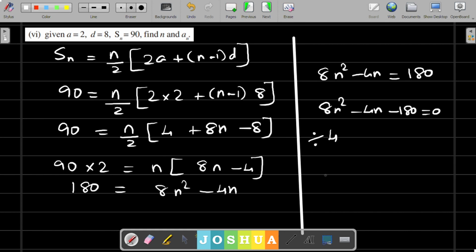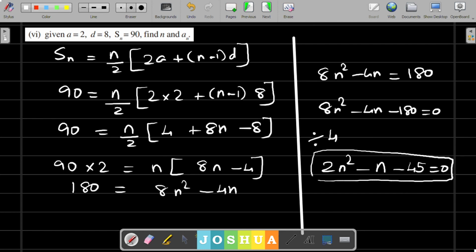So 8n square by 4 equals 2n square minus n, and 180 by 4 is 45, that is equal to 0. So this is a quadratic equation because the order is 2. When I solve this, I can get two possible values of n. From the two values we can find the correct value.